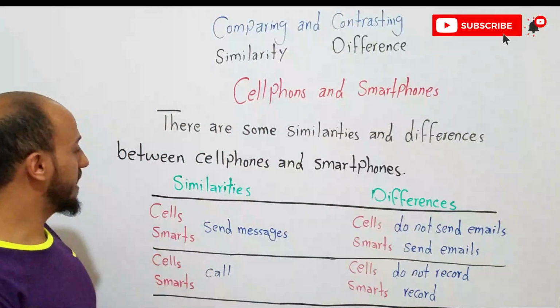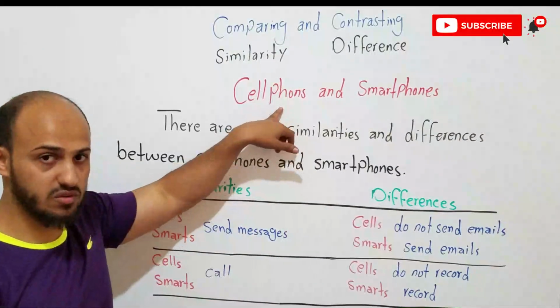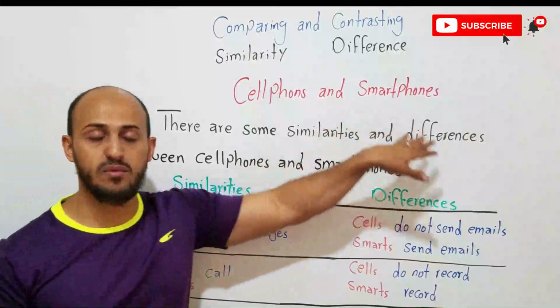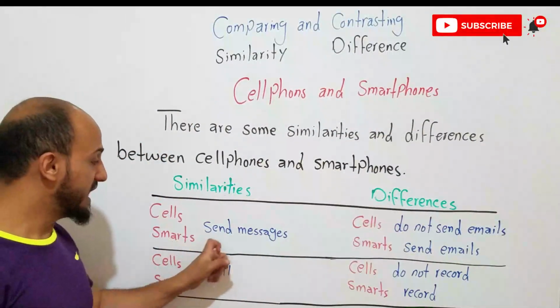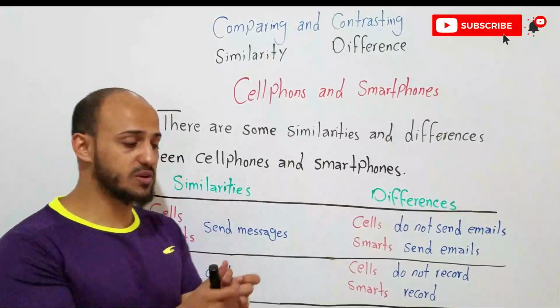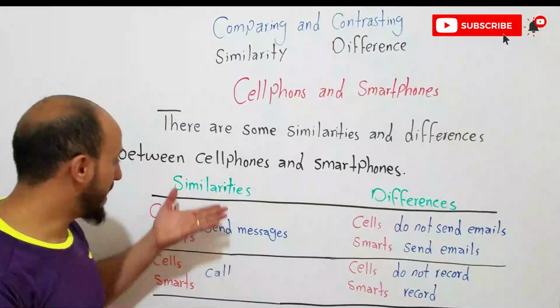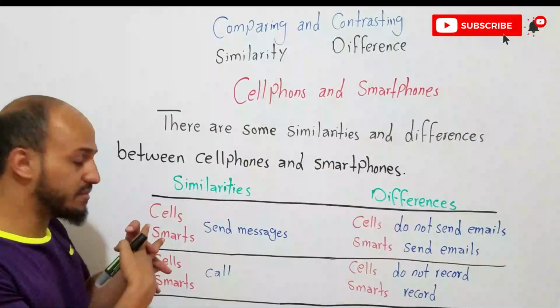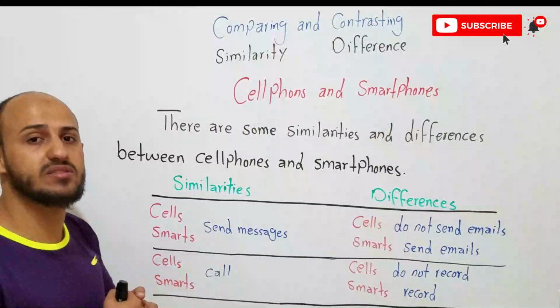Here, I will not write cell phones, I will write cells, and smarts, I mean smartphones. Both can send a message, SMS. Now this is similarity. You're talking now about similarities, and this is the first similarity.